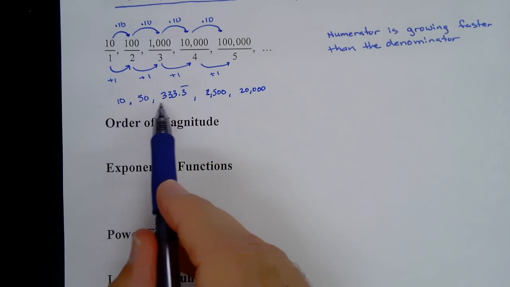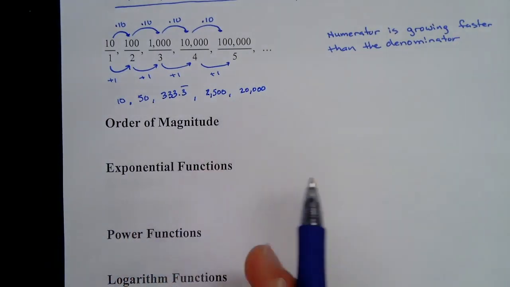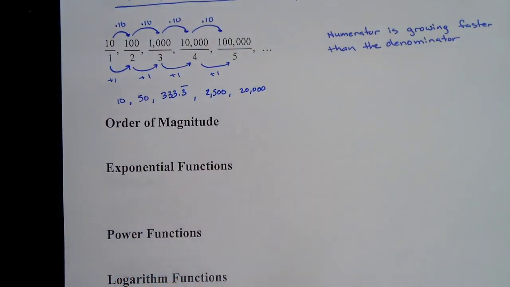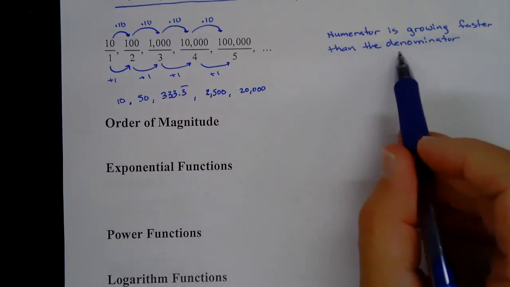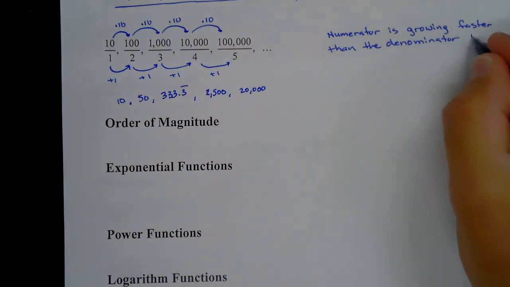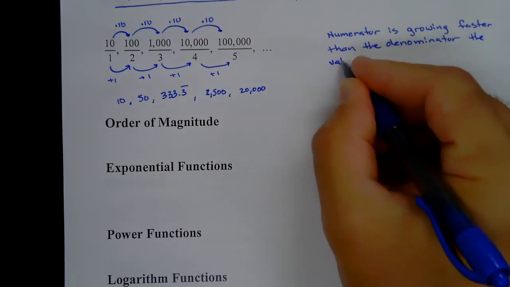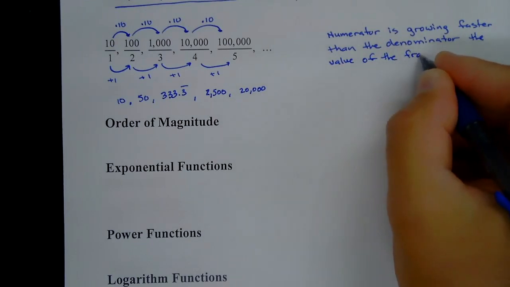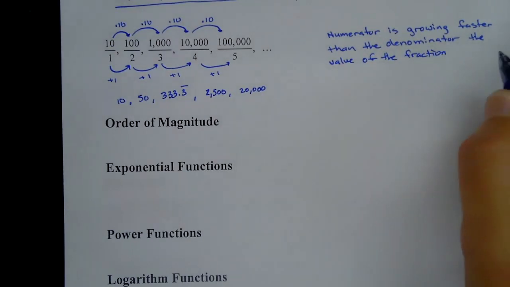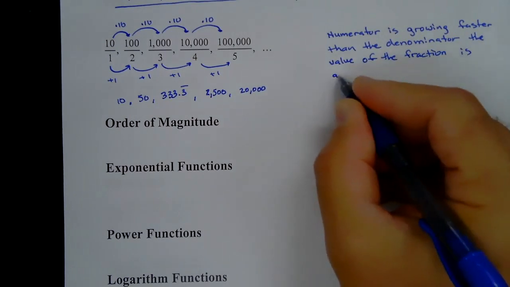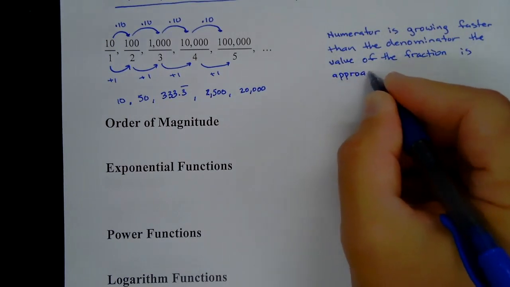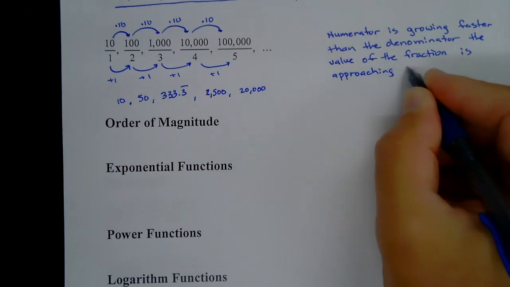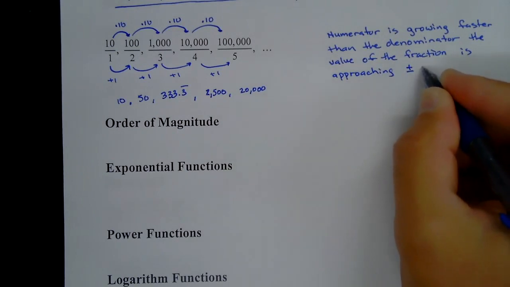Okay, and if you look at these values, they're just getting big, right? Now, depending on the combination of positives and negatives, this could get big positive or big negative. So the numerator is growing faster than the denominator, and the value of the fraction is approaching either positive or negative infinity.